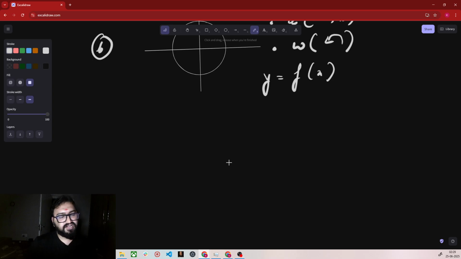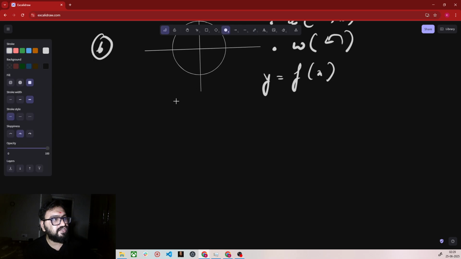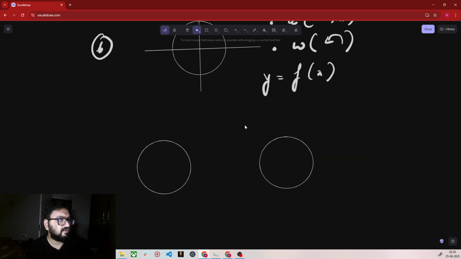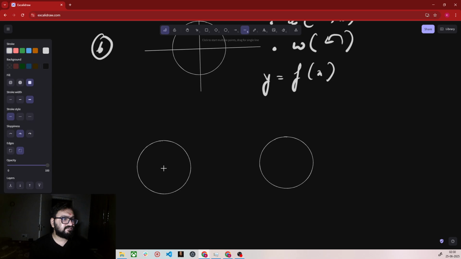The initial condition is the same: the disk was initially placed in such a way that the center of the disk or the axis of the disk was at the origin, and initially it was at rest. So the initial condition of the disk would be something like this, and let's say the final condition is something like this.